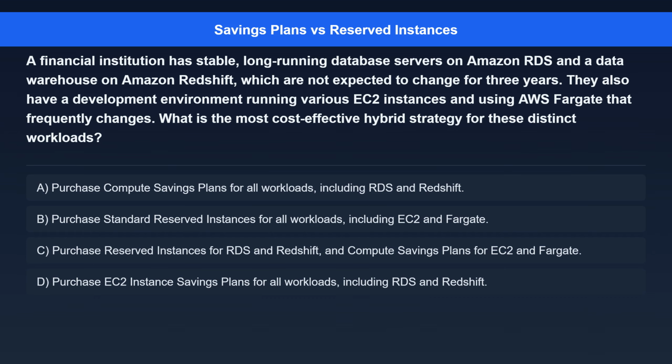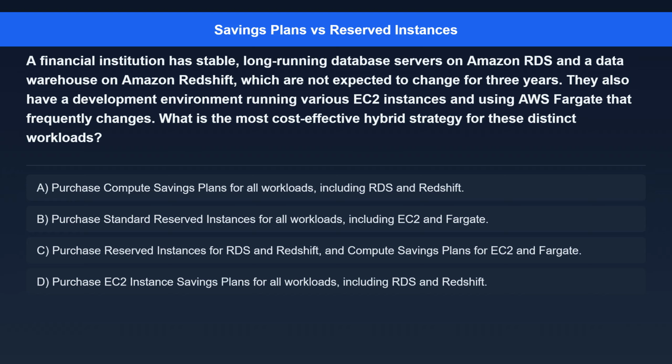Question 3. A financial institution has stable, long-running database servers on Amazon RDS and a data warehouse on Amazon Redshift, which are not expected to change for 3 years. They also have a development environment running various EC2 instances and using AWS Fargate that frequently changes. What is the most cost-effective hybrid strategy for these distinct workloads?